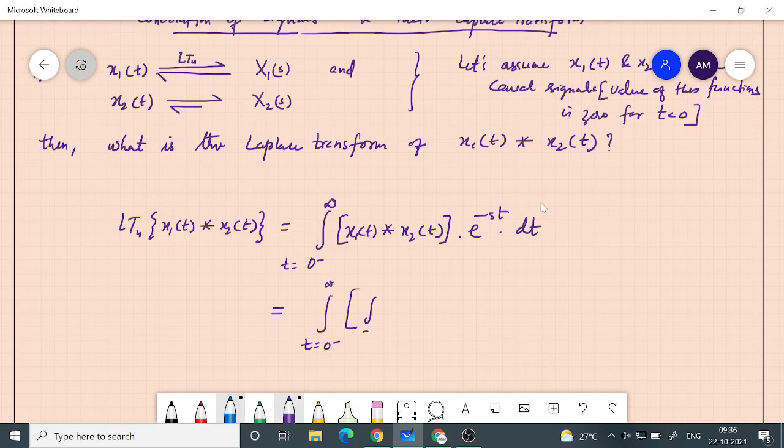It is the integral from minus infinity to plus infinity of the first function in terms of tau into x2 of t minus tau d tau. So this is the way we have defined convolution, into e raised to minus st dt.